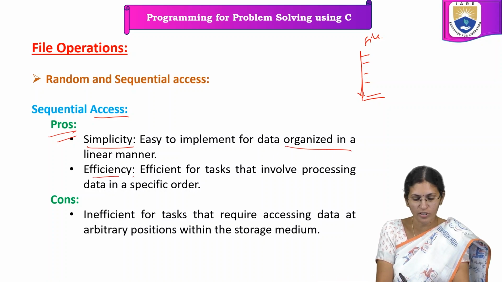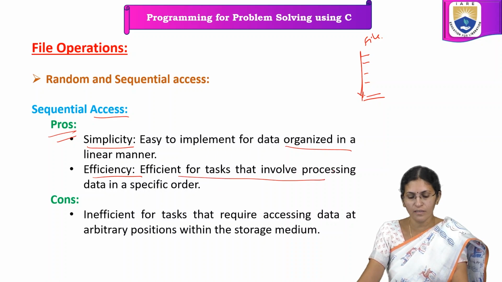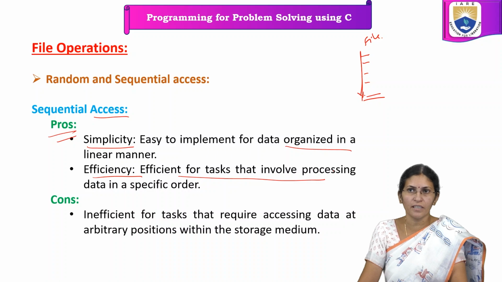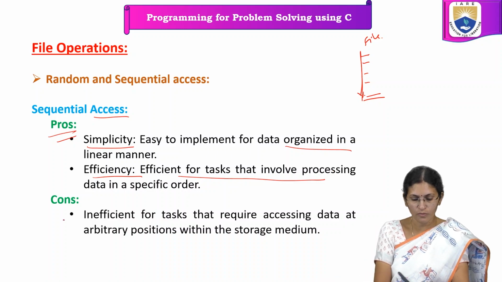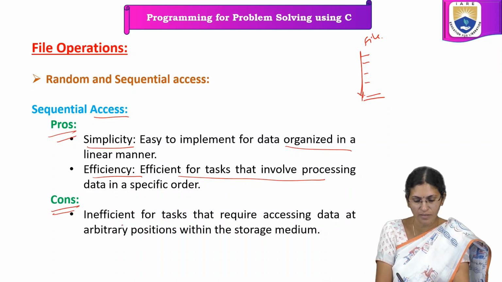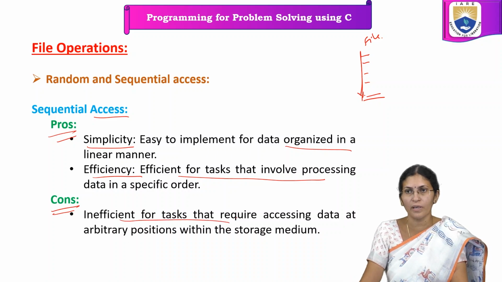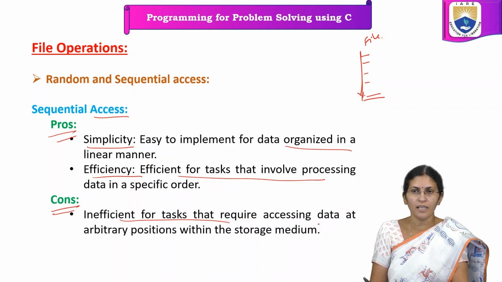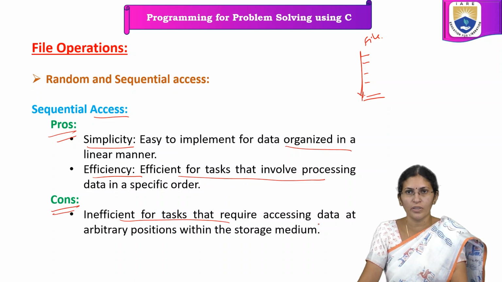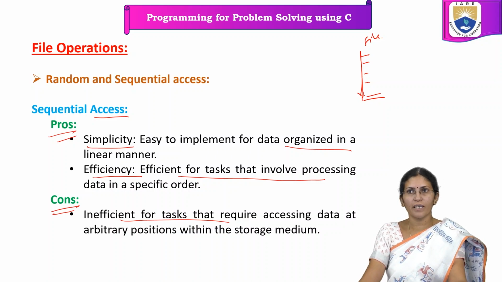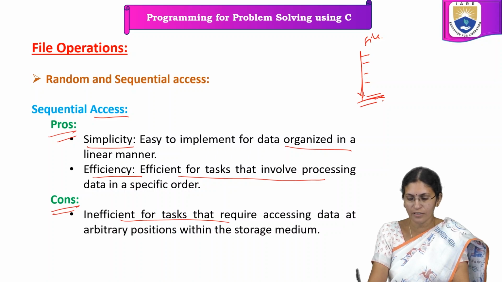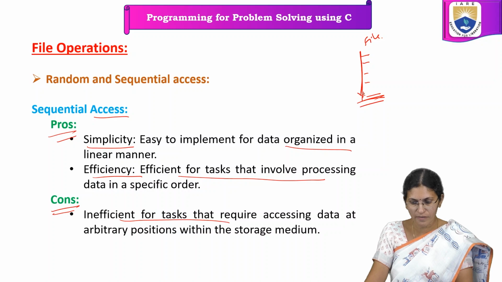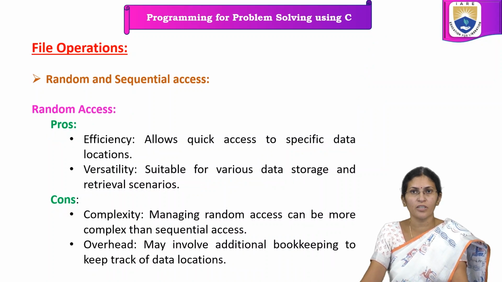It is also efficient for tasks which involve processing data in a specific order. There is some disadvantage with this method. It is inefficient for tasks which require accessing data at arbitrary positions within the storage medium. We cannot access the data directly at a particular position. We need to start from the beginning of the file. That is the disadvantage of sequential access.